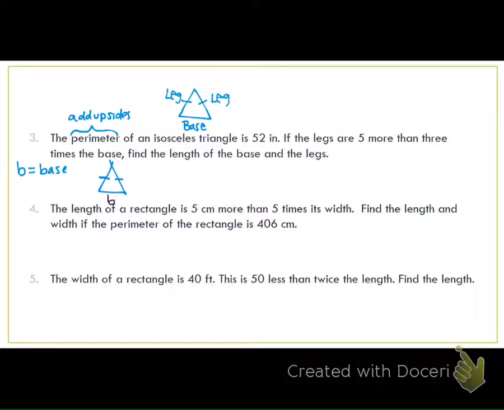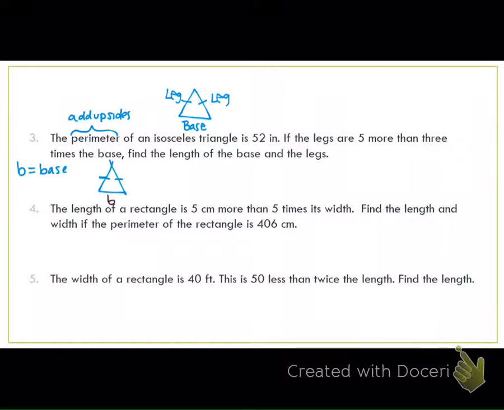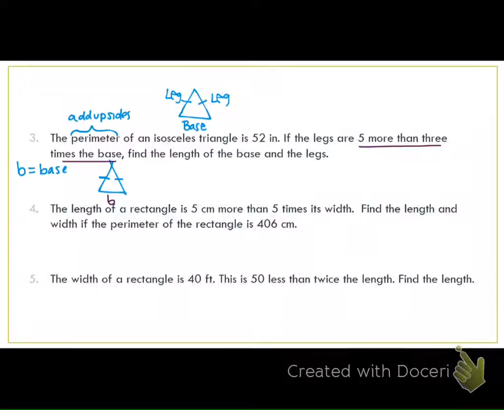Which means that that bottom part I'm just going to label B because that's my base. All right, so the legs are 5 more than 3 times the base.